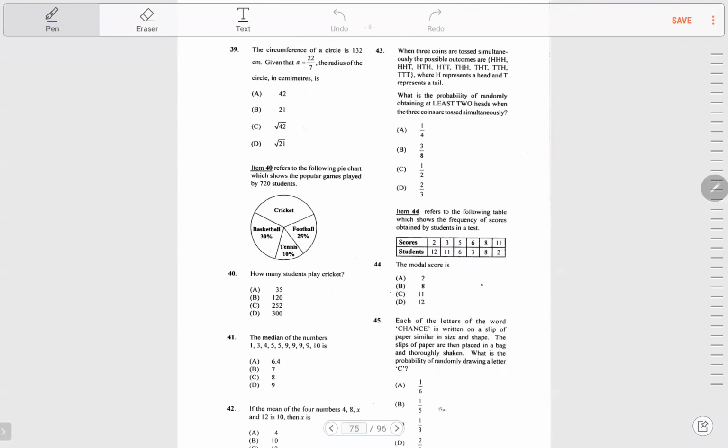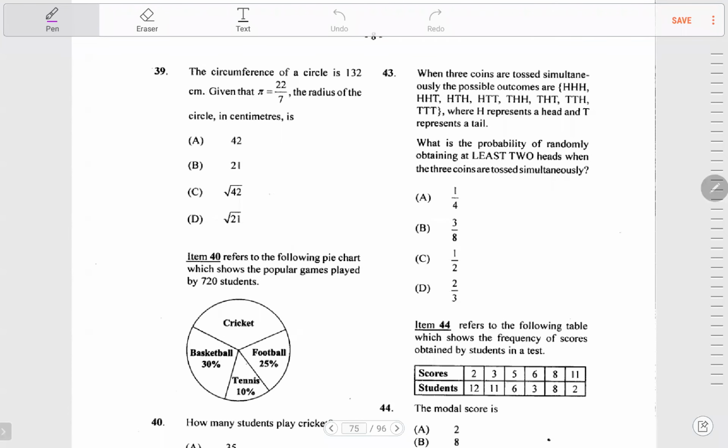All righty, this question says, the circumference of a circle is 132. Given that pi is 22 over 7, the radius of the circle is what? Now remember, circumference is 2 pi r. So 2 pi r is 132, and I want us to find the radius. So it is 2 times 22 over 7 times the radius equals 132.